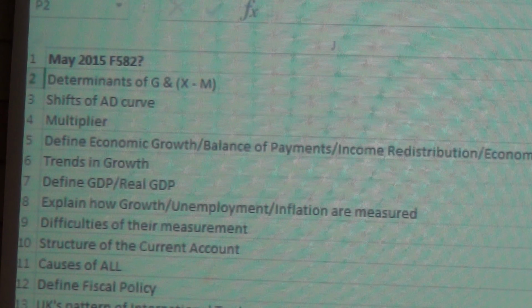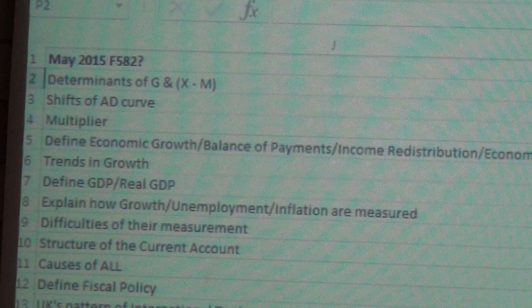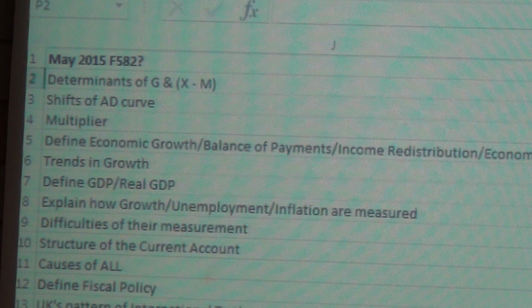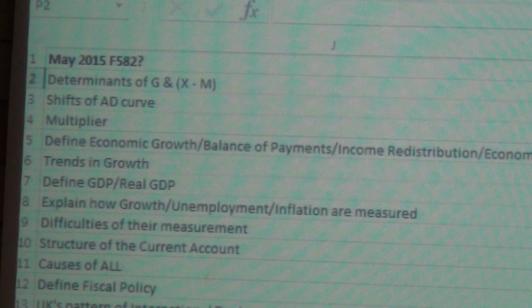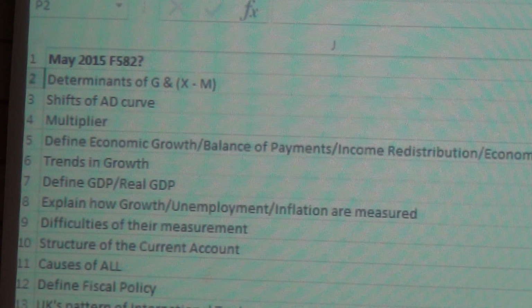The paper gets more difficult progressively, and therefore the questions at the start of the paper are generally quite straightforward and easy, generally about the components and determinants of AD. So things which haven't been asked in the last 3 sessions anyway are to consider the determinants of government spending, and perhaps consider the determinants of exports minus imports, your net exports component.